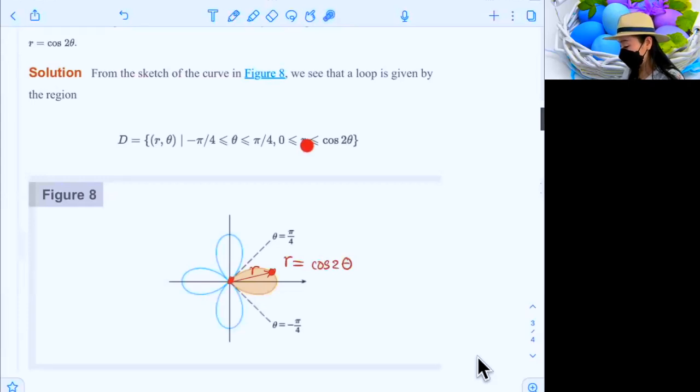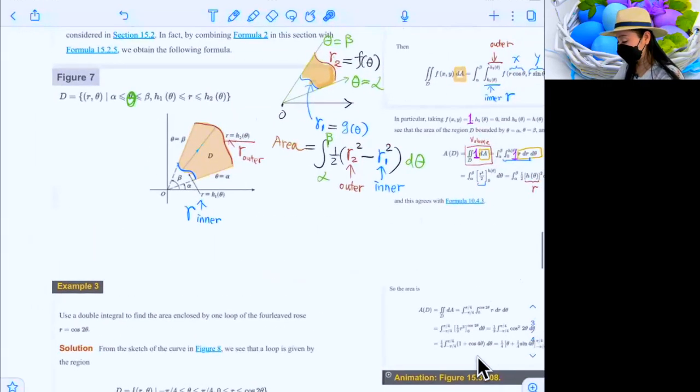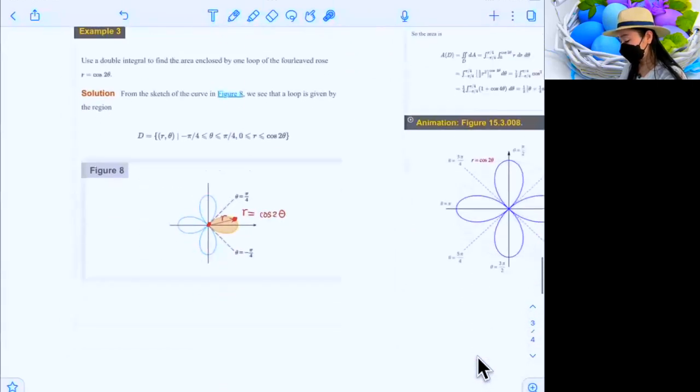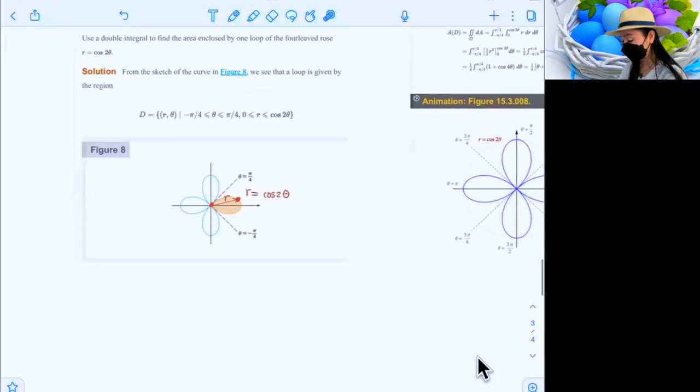So r changes from 0 to cosine 2 theta, from here to here. In general, r changes from r1 to r2, and here r changes from 0 to cosine 2 theta.